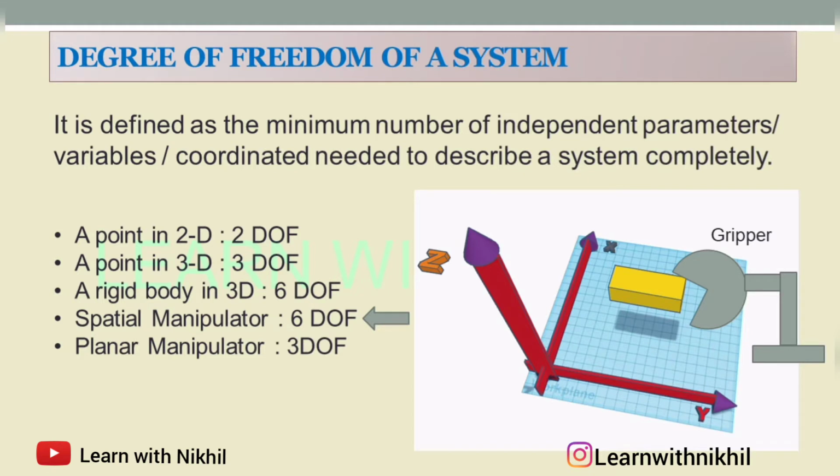If I consider the gripper of a robot, that is the end effector, and I have to catch this and move it in 3-dimensional, the gripper, or spatial manipulator, will require 6 degrees of freedom.